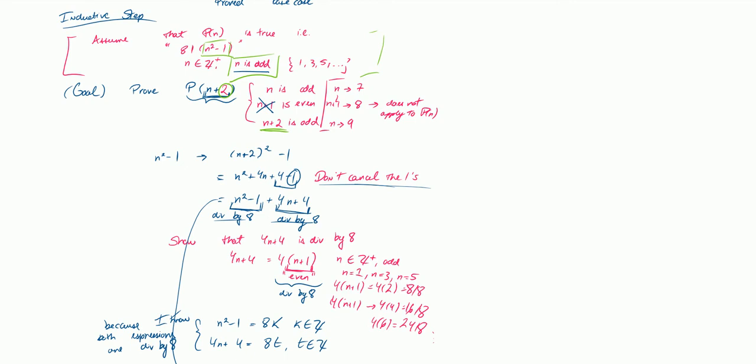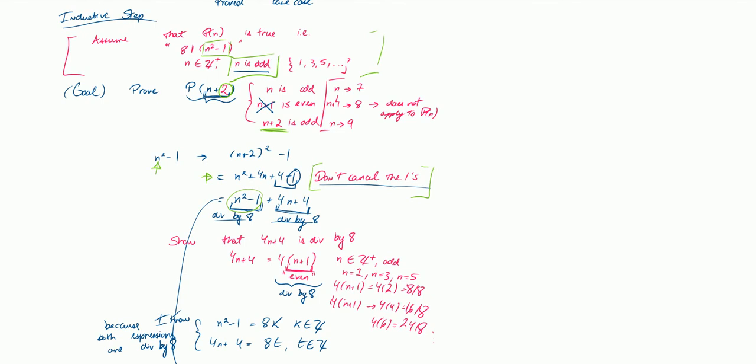And so I replaced my n here by n plus 2 squared minus 1. Then I opened it up. I made a mistake there, but I caught it, and so that's n squared plus 4n plus 4 minus 1. I rearrange this. Remember not to cancel your 1 here. And so I get n squared minus 1 plus 4n plus 4.